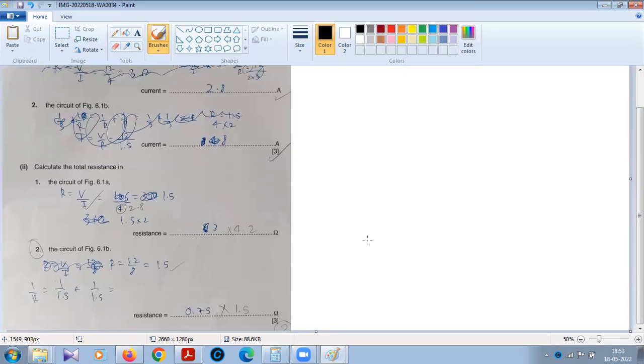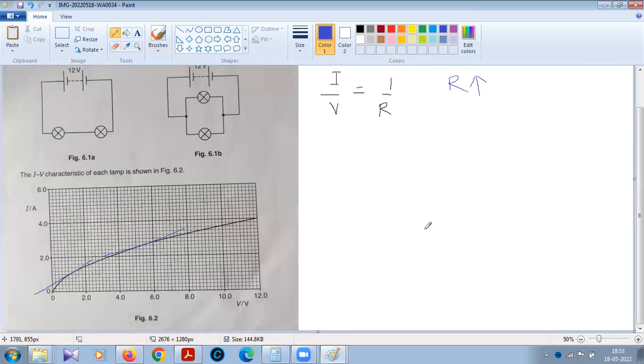Can you go back to the graph for a second? Yes, please go back. So you don't have a doubt here? I do have a doubt, not in figure 6.1a, but in how to calculate the total resistance in 6.1b.